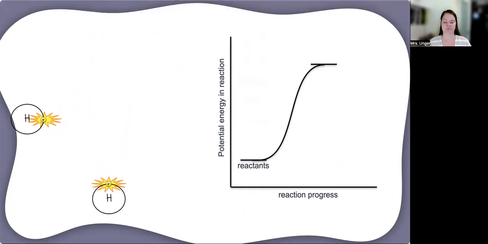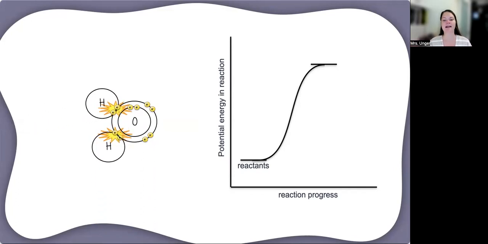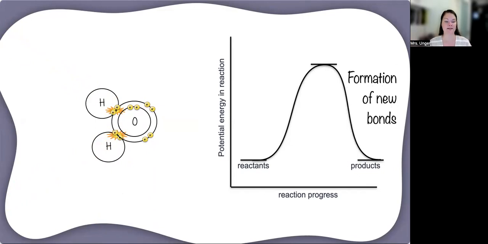Then at this point, we can assume that we've done the same thing with oxygen. The oxygen's broken up and it's really unstable, and the hydrogens and the oxygens are all unstable together. What's going to stabilize them is to go back to having full valence electrons, full shells, and that means energy is going to be released as they become stable again. So the formation of new chemical bonds is going to release energy.